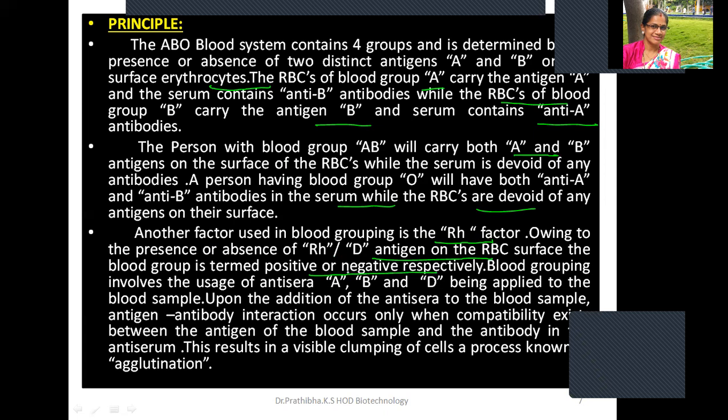Blood grouping involves the usage of antisera A, antisera B, and antisera D, three liquid solutions, that is reagents. With these reagents, we are going to determine whether the person is A blood group, B blood group, AB blood group, or O blood group, which will be applied to the blood sample.